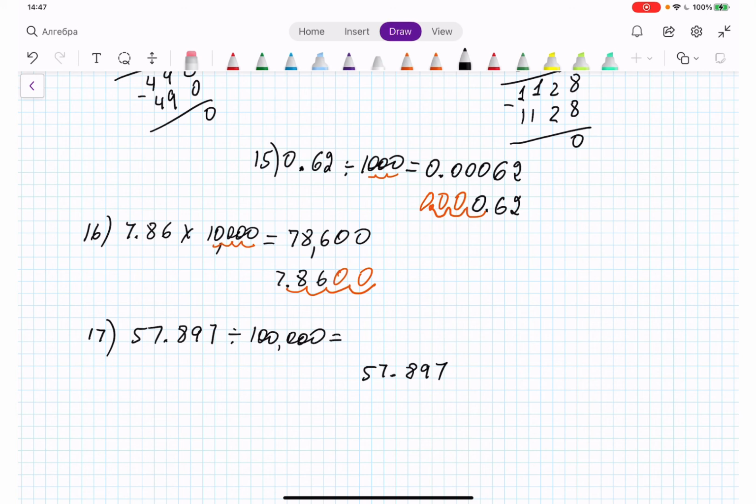I'm moving to the left by 5 positions: 1, 2, 3, 4, 5. This is the final point. So the answer is going to be 0.00057,897.